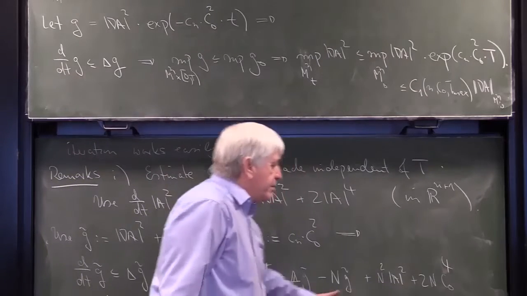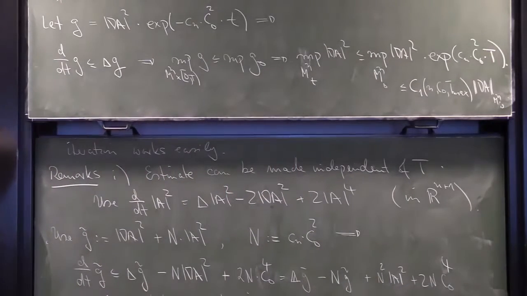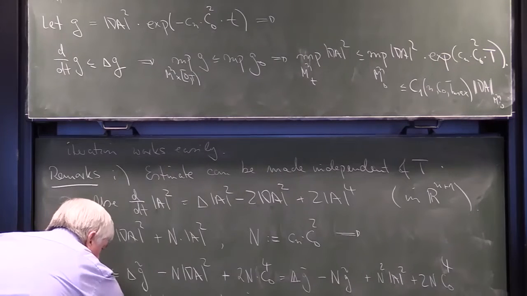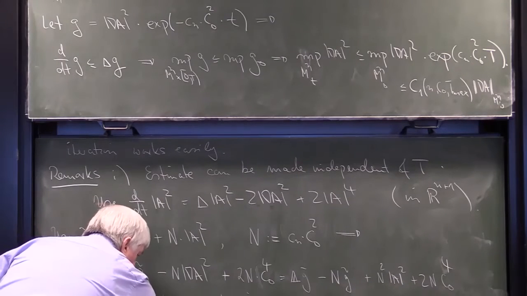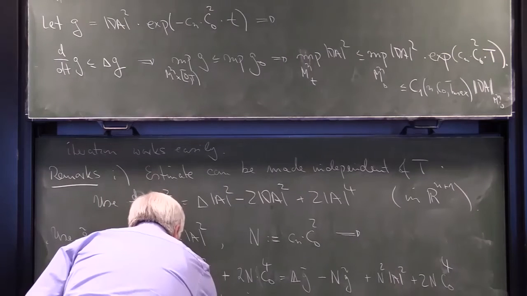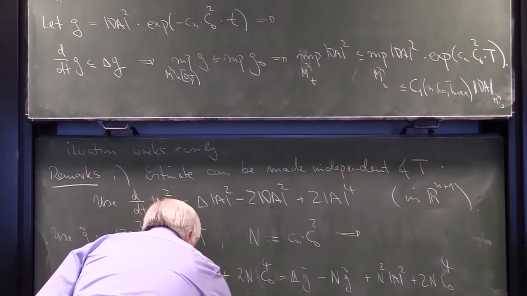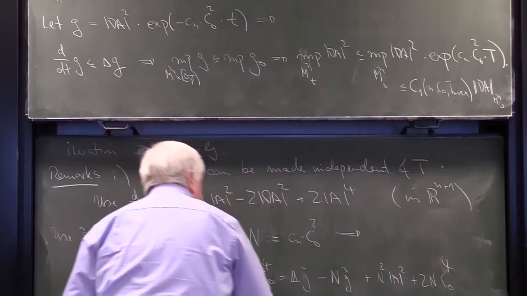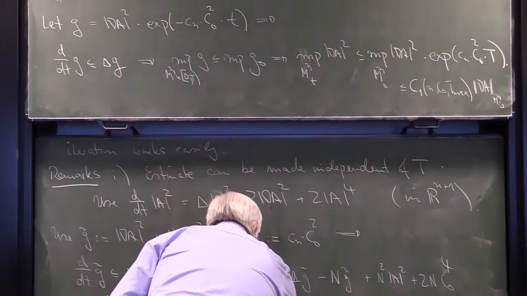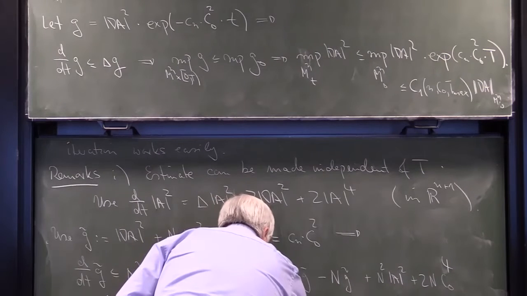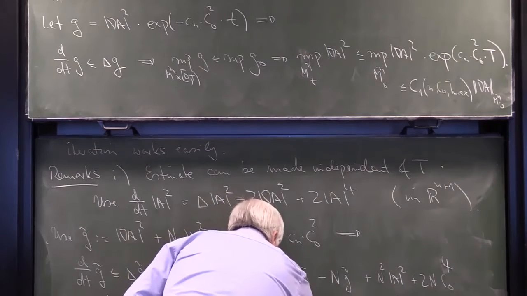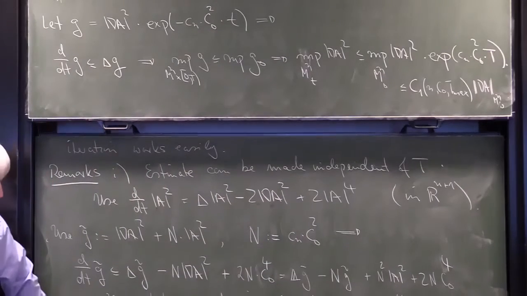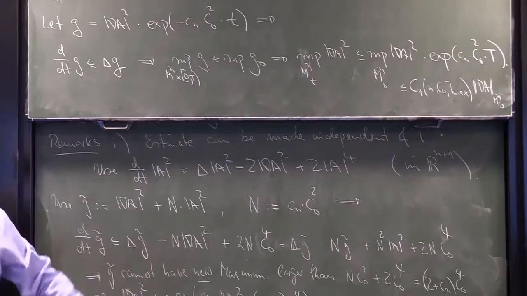And this is then independent of time. So this means gradient A squared is less than the maximum of the sup of gradient A squared on the initial surface, or 2 plus Cn times C0 to the 4. So we've managed to get an estimate which is independent of time.